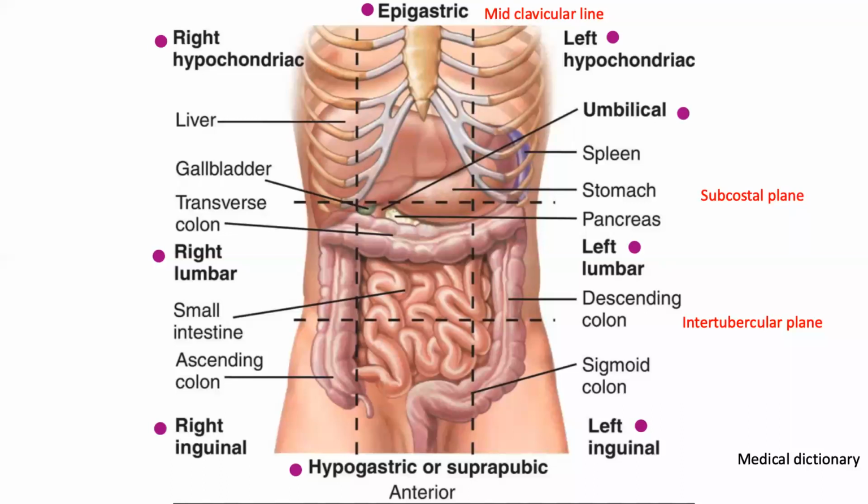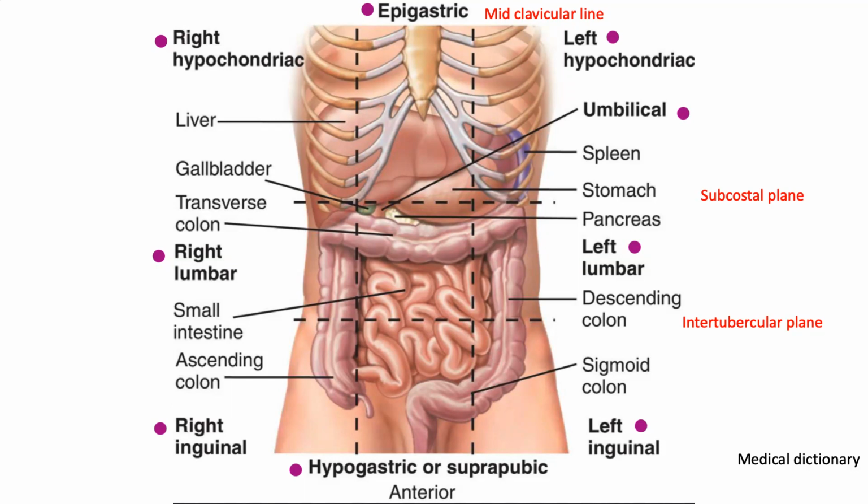If you have that information, then I want you to take the next step. We are dividing the anterior abdominal wall into 9 regions. We have 2 vertical lines running from the midpoint of the clavicle, one on the right side and one on the left side, as you can see here, and 2 horizontal lines.